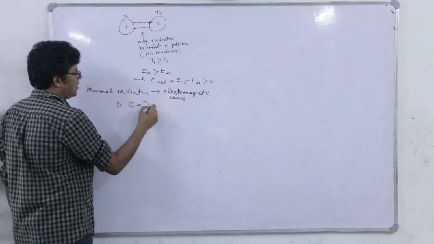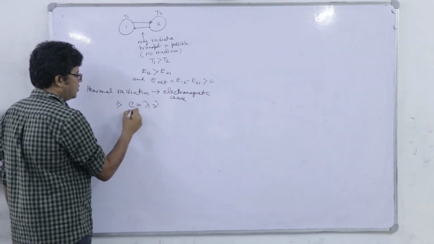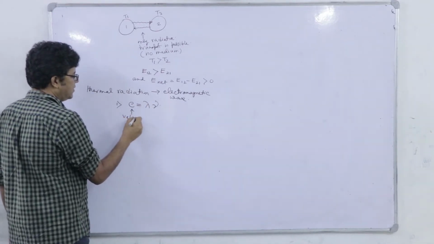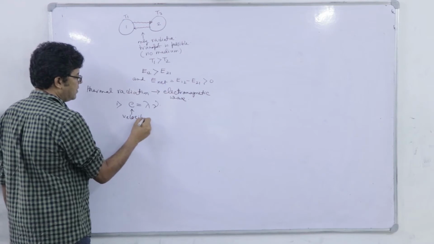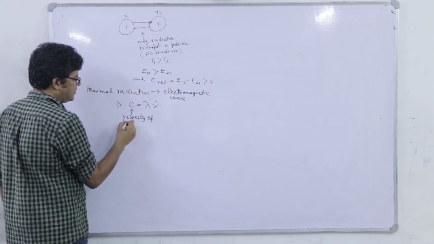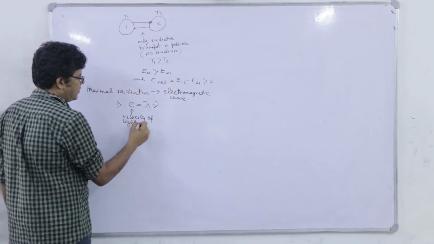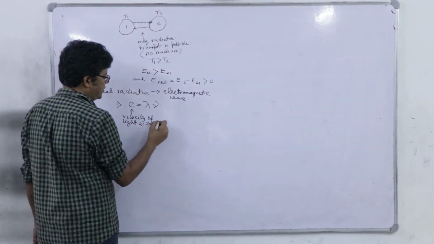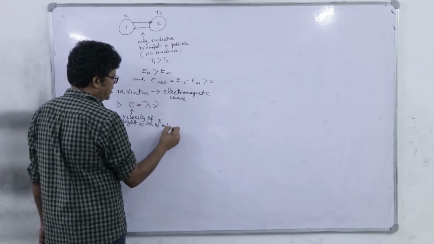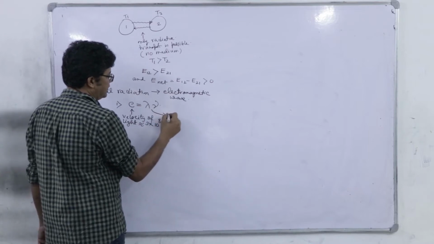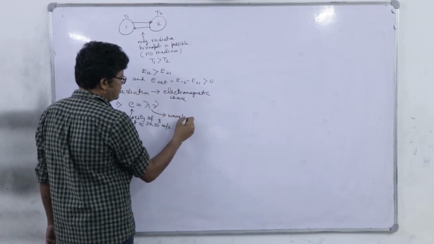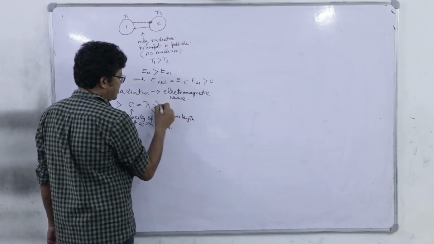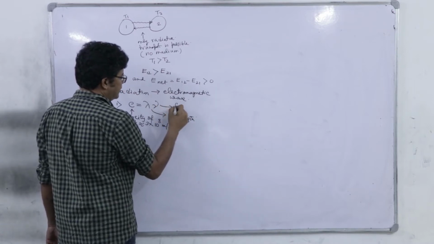C will be equal to lambda into nu. C is the velocity of light, which is approximately equal to 3 into 10 to the power 8 meter per second. Lambda is the wavelength and nu is the frequency, right.